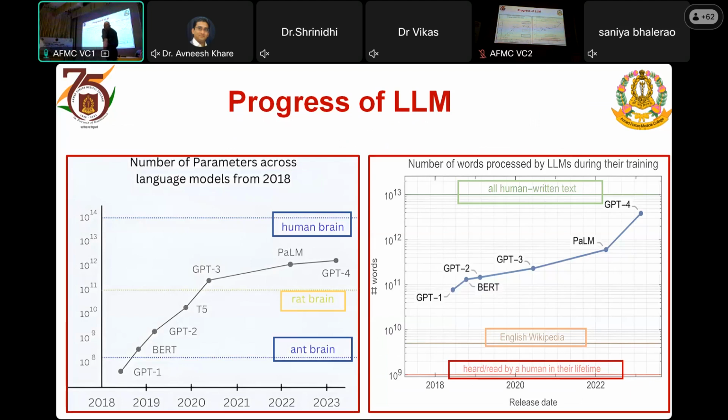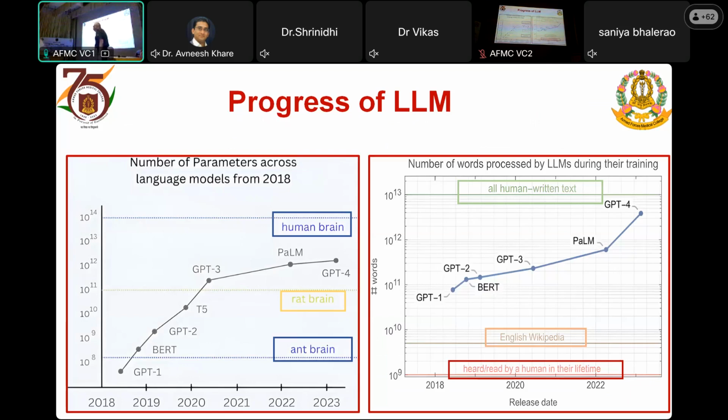So when GPT-1 started off, it started off after having perused almost 10 to the power 11 words. Today, GPT-4 has perused almost about 10 to the power, sorry, somewhere nearby. And this box, 10 to the 13, is supposed to be the entire repository of whatever has been written or made so far.